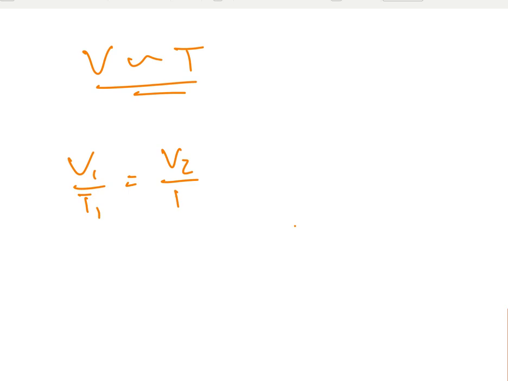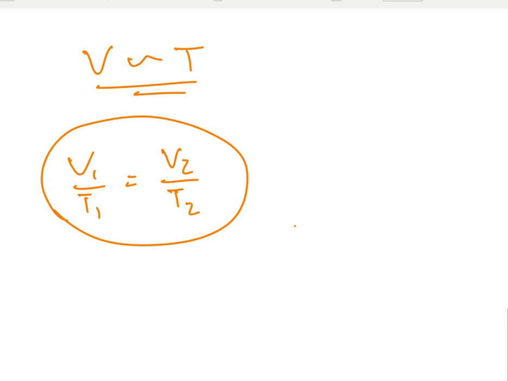Okay, so to sum things up, we've basically developed Charles' law, which tells us that volume and temperature are directly proportional to one another, and it's giving us a nice little formula that allows us to solve basic problems where you are essentially given any 3 of these 4 variables illustrated here, and you have to solve for that unknown 4th variable.